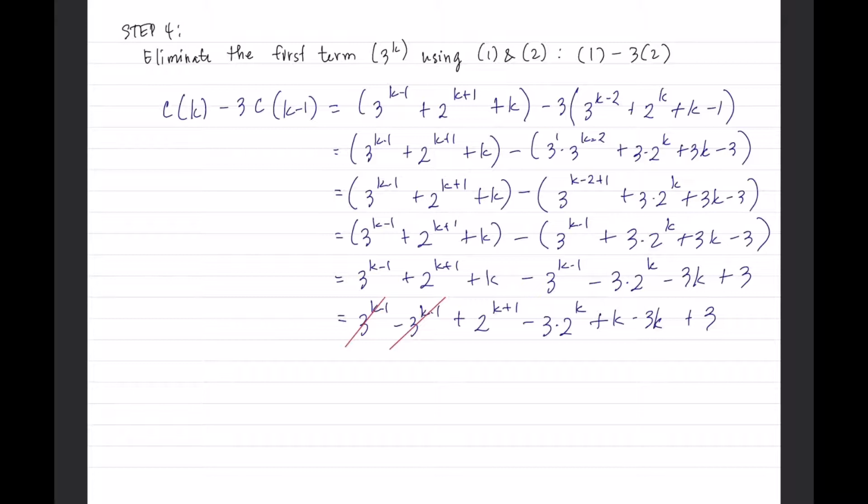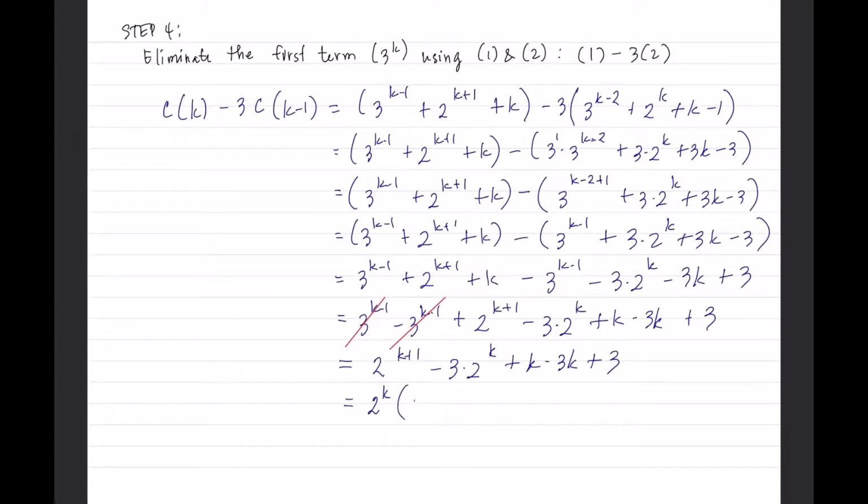So 3 raised to k minus 1 minus 3 raised to k minus 1, that would give us 0. So we are left with these terms: 2 raised to k plus 1 minus 3 times 2 raised to k plus 3 plus k minus 3k plus 3.